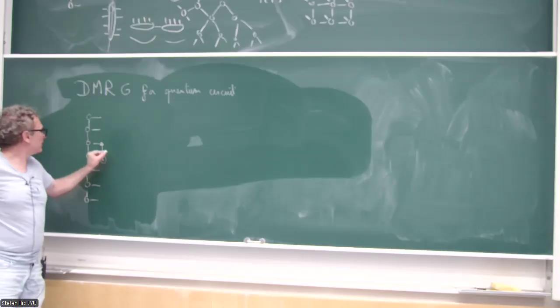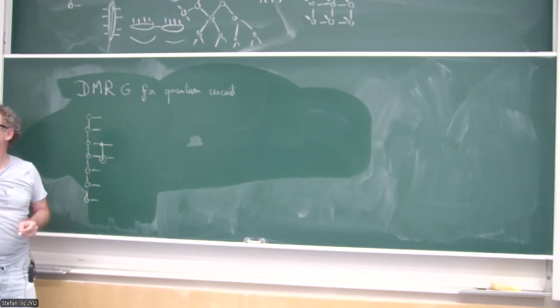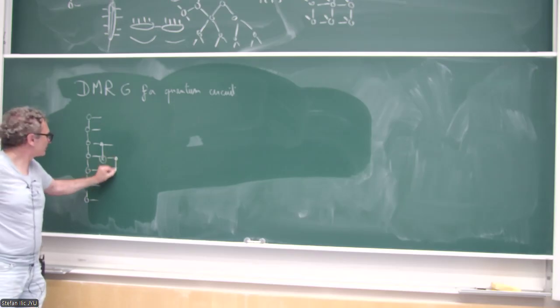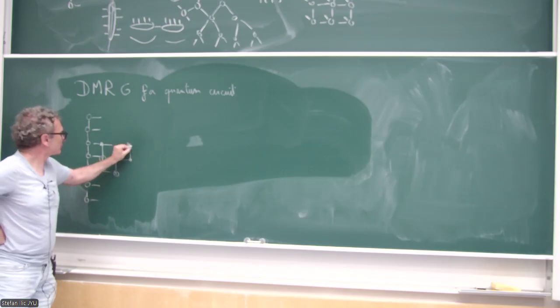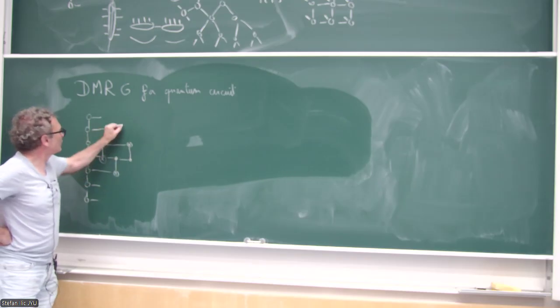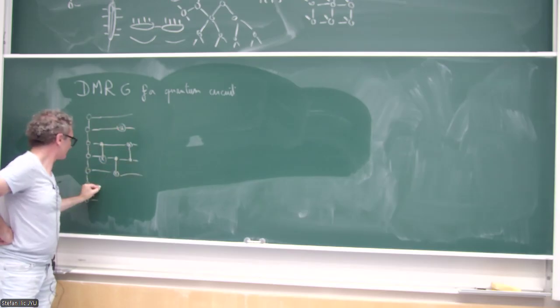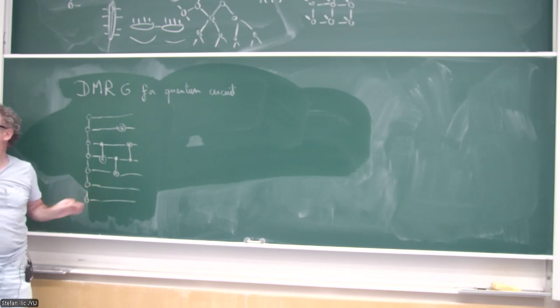If we use TEBD, then we are going to compress. But let's say I don't do anything so far. I just apply other gates up here, a small circuit, not too deep, but a small circuit.